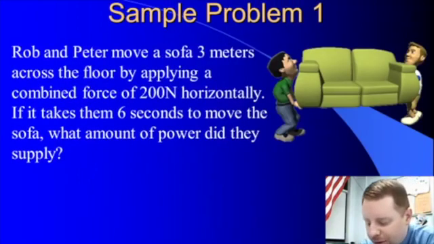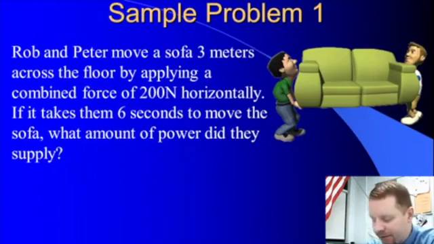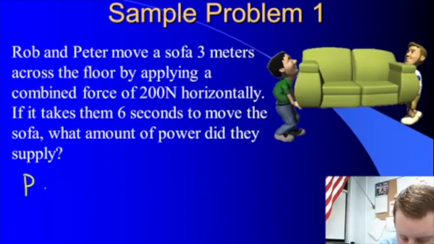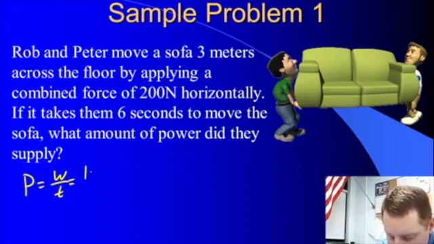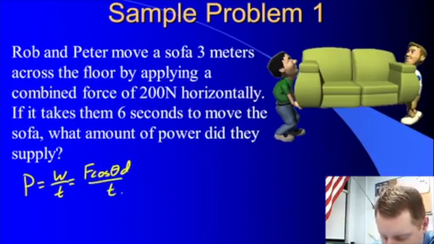Rob and Peter move a sofa 3 meters across the floor by applying a combined force of 200 newtons horizontally. It takes them 6 seconds to move the sofa, so what amount of power did they supply? Well, to do this, we recognize that power is work over time. Work is F cos theta, the force in the direction of the displacement, divided by time.